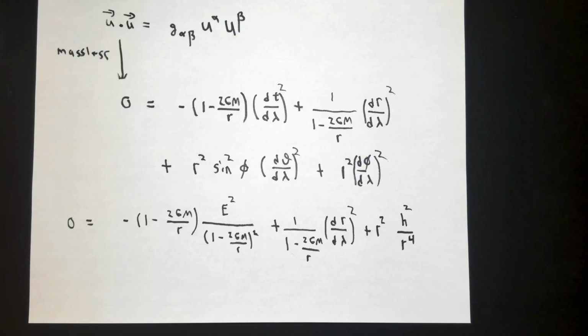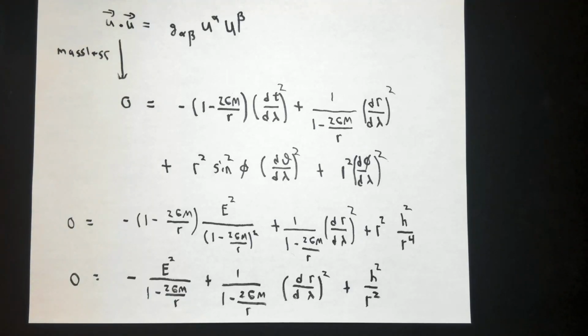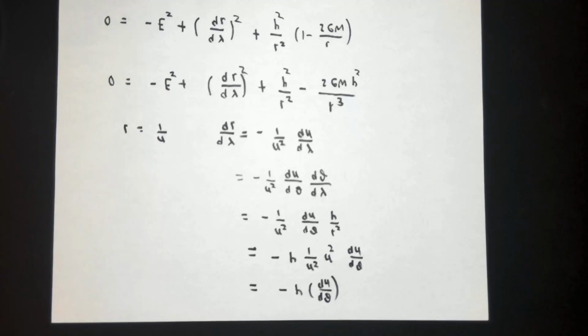As before, using the constants of the motion, E and H, we can reduce this down into this equation. Let r be 1 over u.